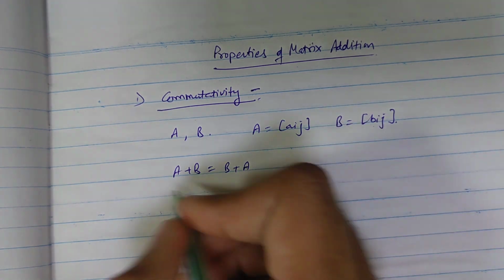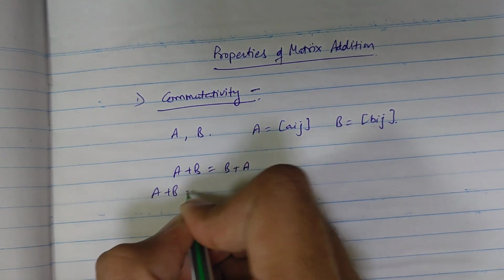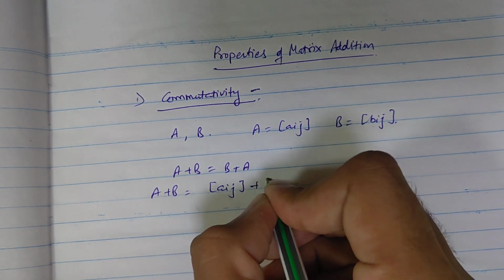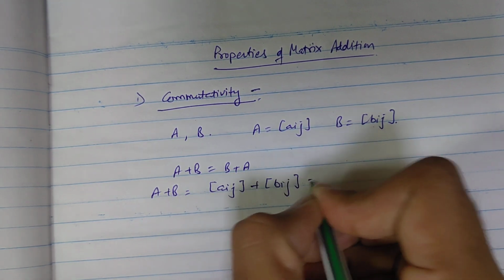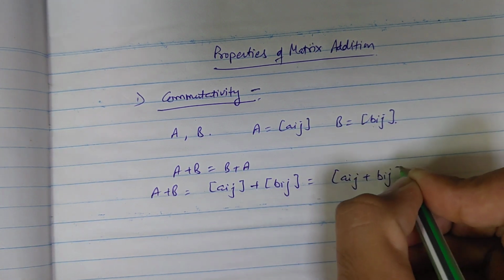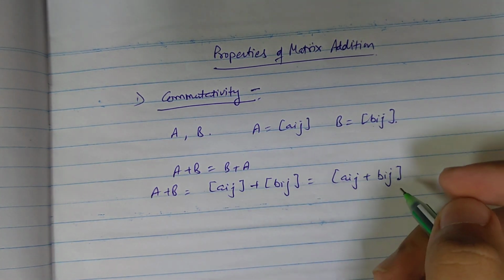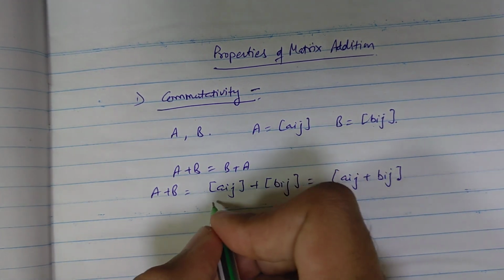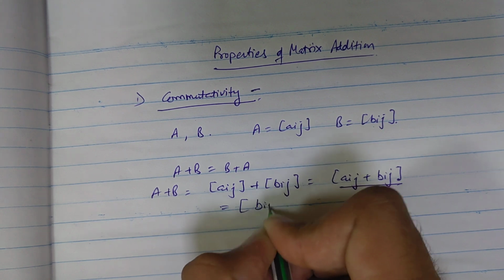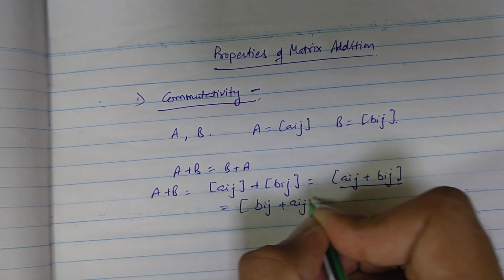Take A plus B equals, we can write, Aij plus Bij. This will be equal to Aij plus Bij because addition holds for matrices. And this is equal to Bij plus Aij.